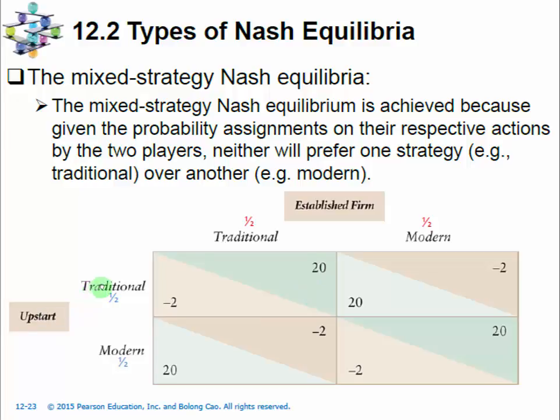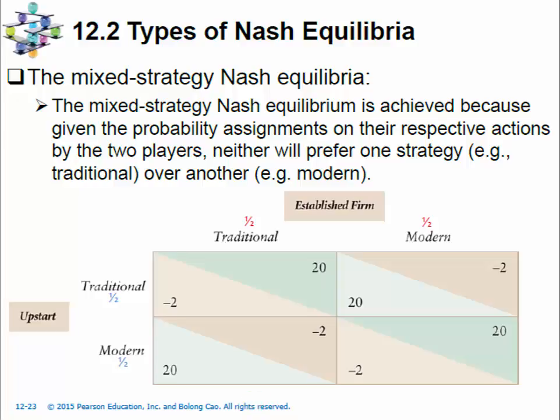So now let's look at the expected payoff for the players. Let's say the upstart firm plays this mixed strategy with 1/2 probability. It will play the traditional style with 1/2 chance, and it will submit the modern style otherwise. And the established firm looks at the expected payoff from the traditional style and the modern style strategy. So if it chooses traditional, the expected payoff is 1/2 of this 20 plus 1/2 of this -2, which is 10 minus 1.